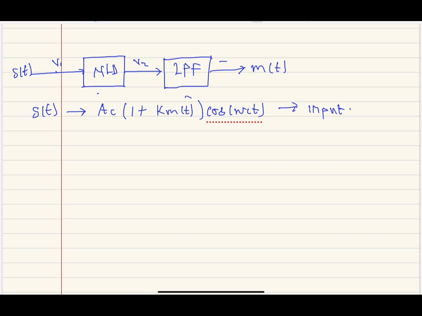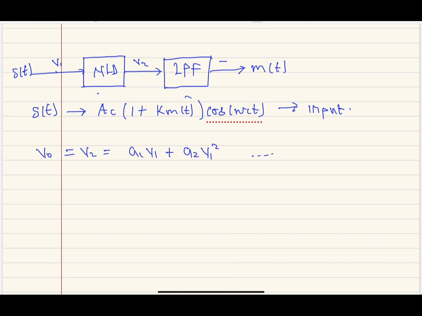And we also established that the relationship between the input V1 and the output V2 of our nonlinear device is V2 equal to A1 V1 plus A2 V1 squared.